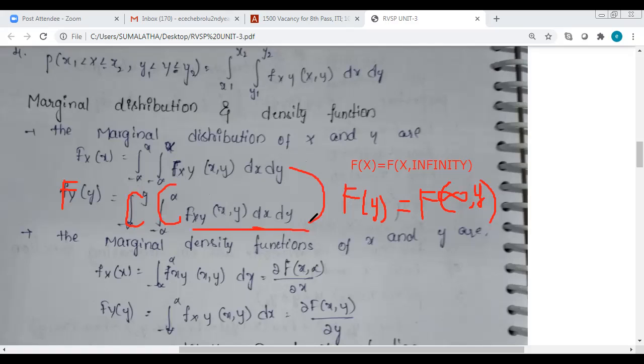Okay ma, next the marginal density function in the same way. The density function, small fx of x, is equal to the derivative of capital Fx of x.